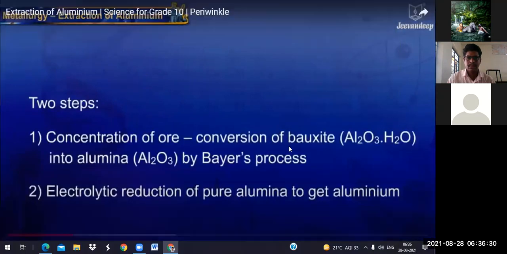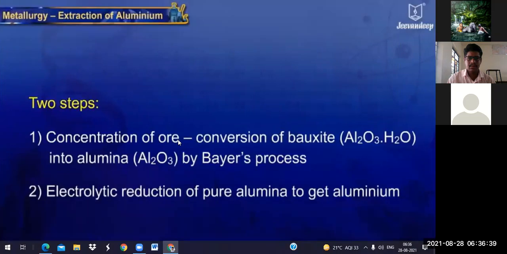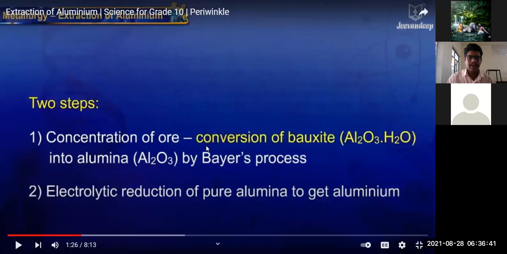Extraction of aluminium consists of 2 steps. 1. Concentration of ore, that is conversion of bauxite into alumina by the Baeyer process at a temperature of 140 to 150 degrees Celsius. Already we have seen this. Then after getting the sodium aluminate, we reduce its temperature to 50 degrees Celsius.